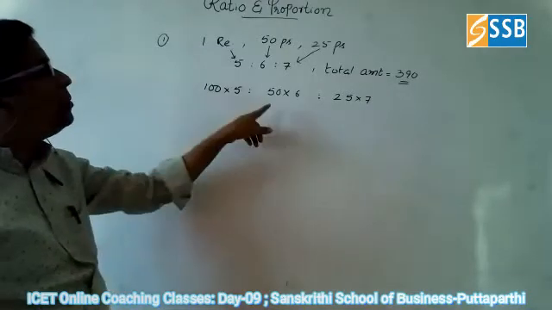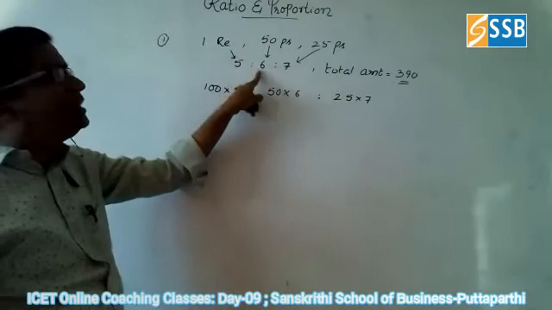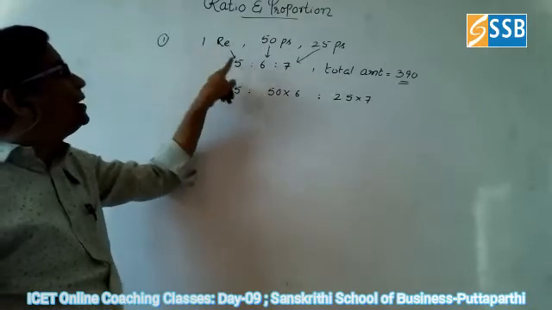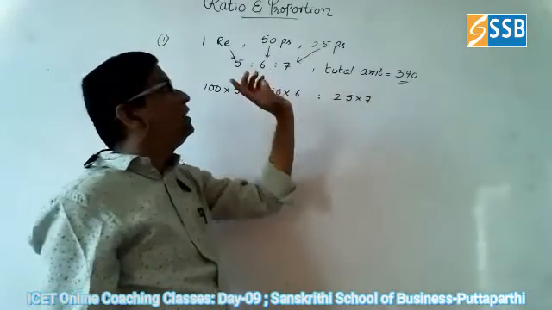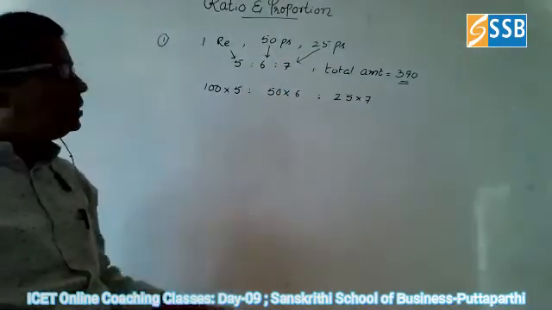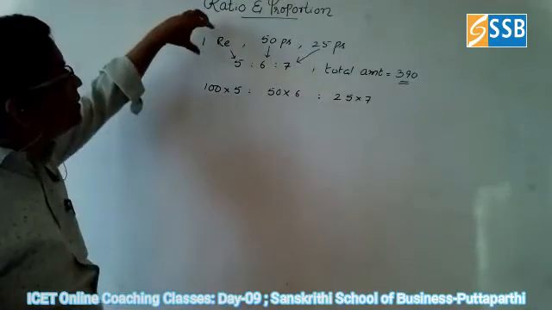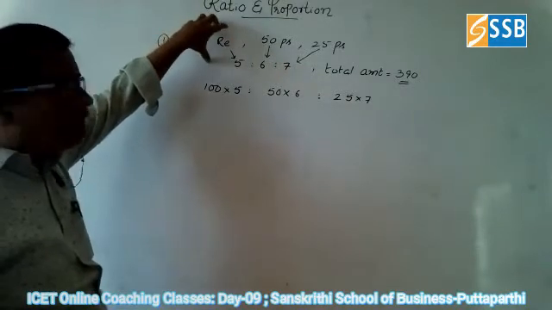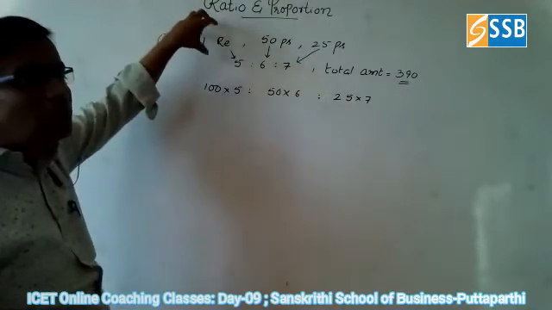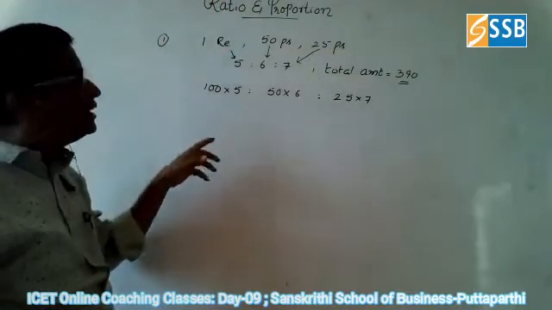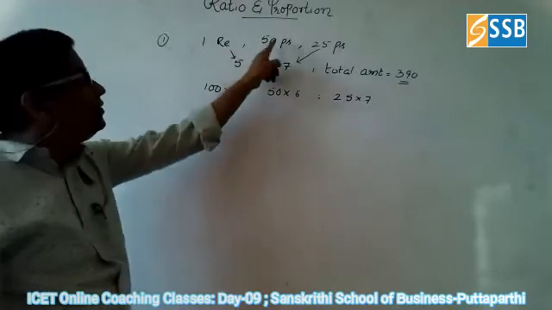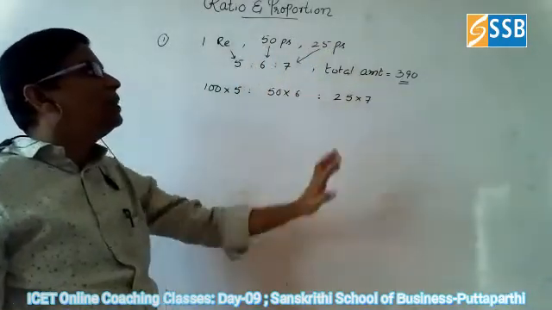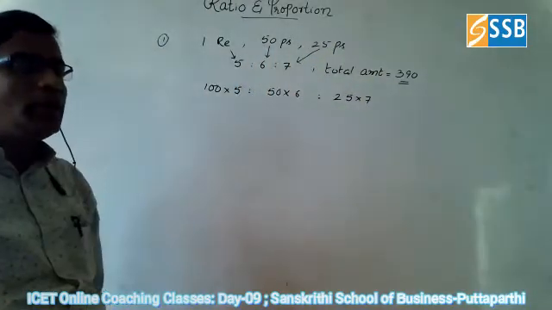Original ratio of amount; these are the coins ratio. 1 rupee coins 5 parts, 50 paise coins 6 parts, 25 paise coins 7 parts. So the total amount we are going to find: 100 paise into 5 parts, 50 paise into 6 parts, 25 paise into 7 parts.